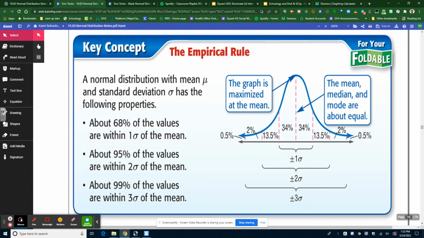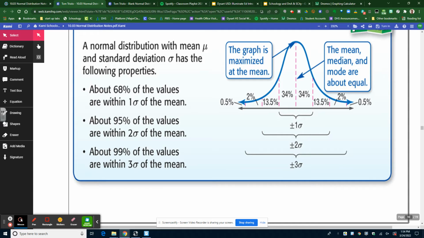6 sigmas. There's actually a group of people. They're called the 6 Sigma Ninjas. Okay. These are people who work in business who teach businesses how to be more efficient. How efficient? 99%.